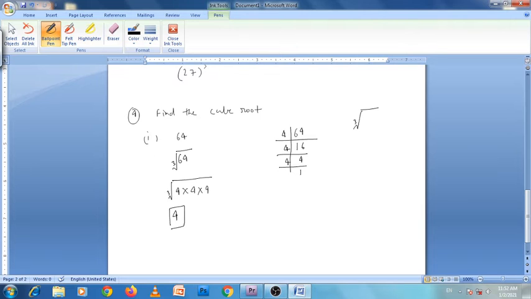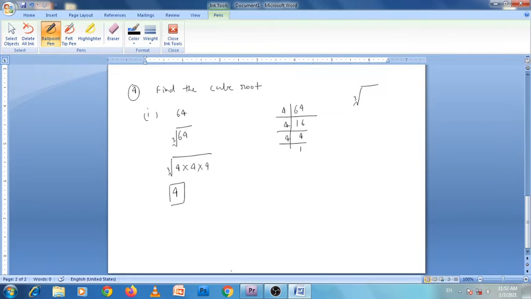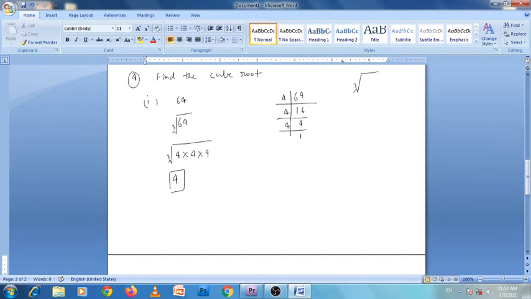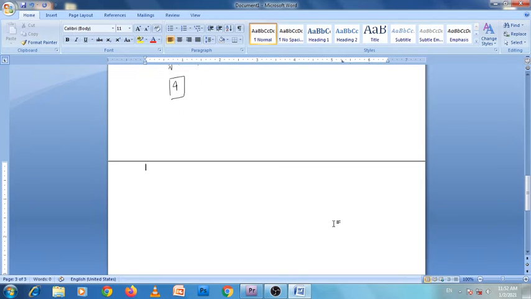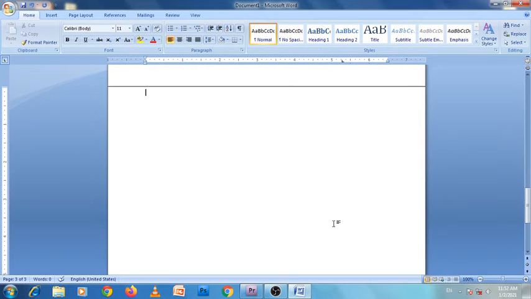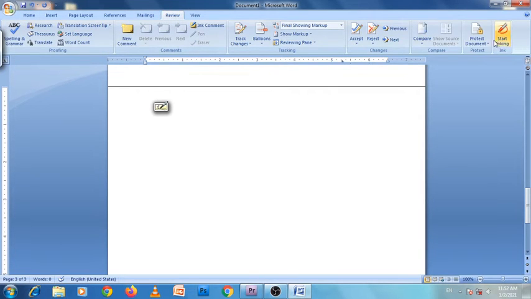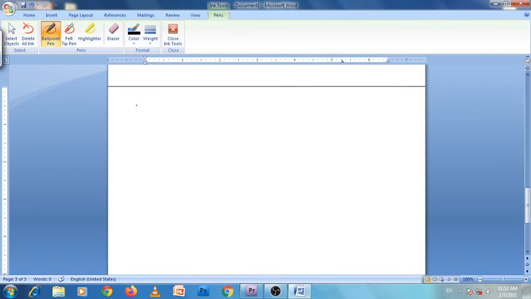So in the same way, I'm going to solve one more: 1331. The fifth part, this is minus. So the cube root of minus 1331.